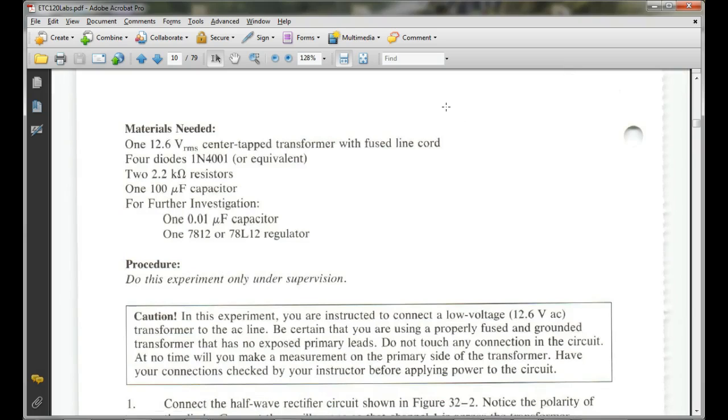So it calls for a 4001, but if you got a 4002 or 4007 or 4005, it's fine, right? Everybody okay there? A 12.6 volt center tap transformer, we're okay there. It's fused in the trainer. So we got that, right?